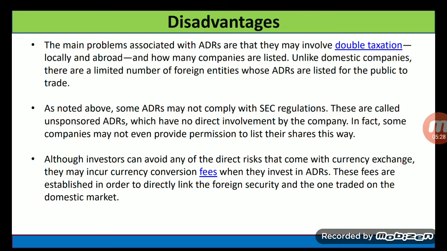The second disadvantage is that some ADRs may not comply with the Securities and Exchange Commission regulations of the US. These are called unsponsored ADR.